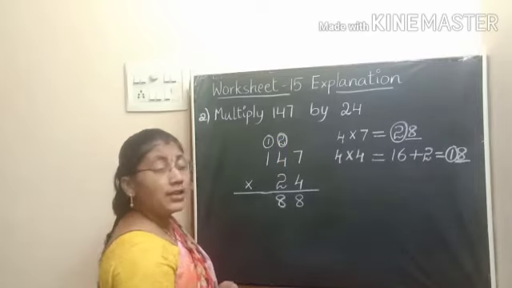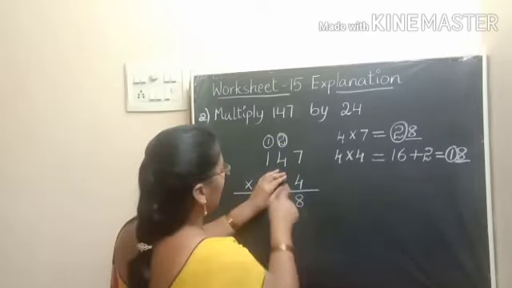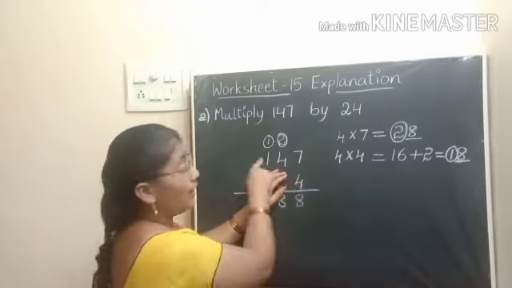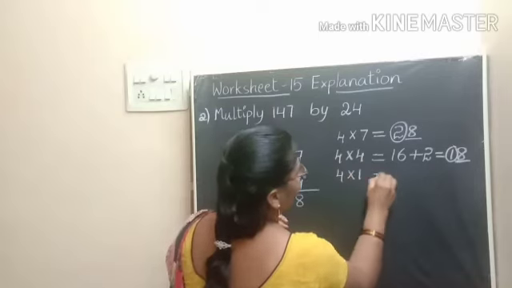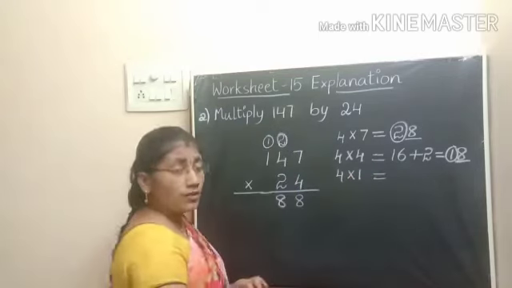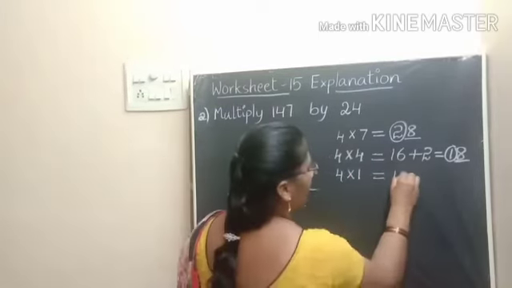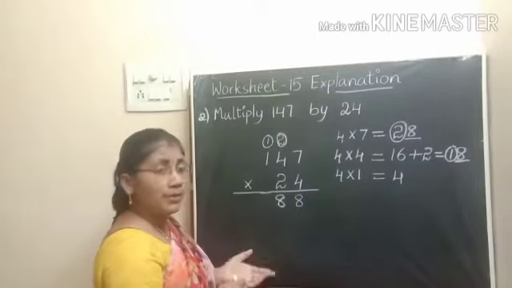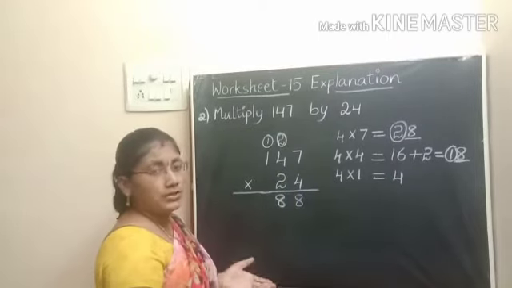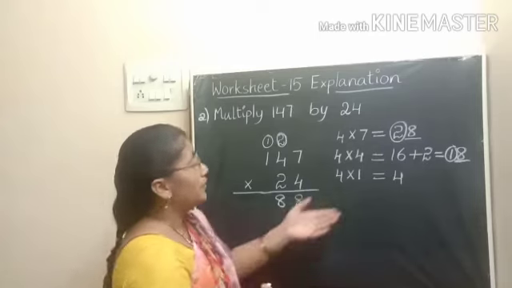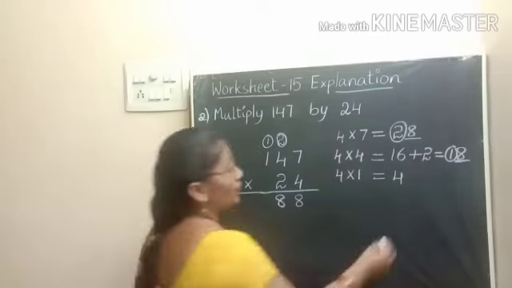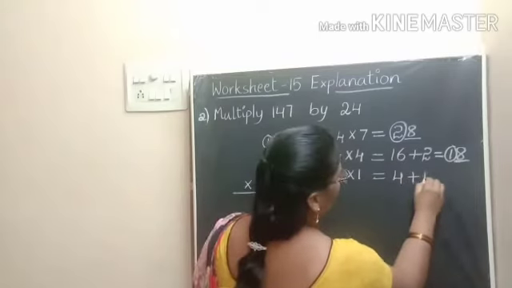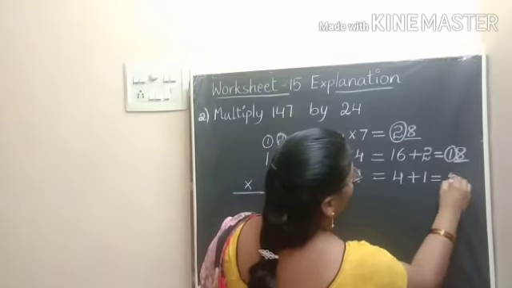Understood, children? Now we should multiply 1 and 4. So take 4 into 1 is equal to 4 ones or 4 only. By multiplying any number with 1 we get the same number. So we should add this carry to this result. 4 plus 1 is equal to 5.